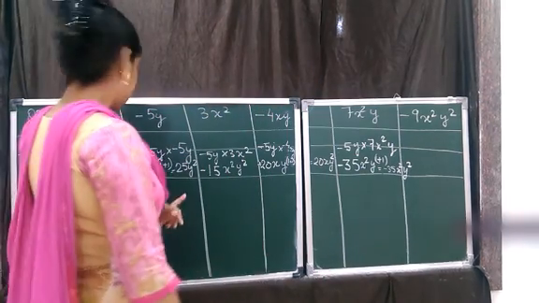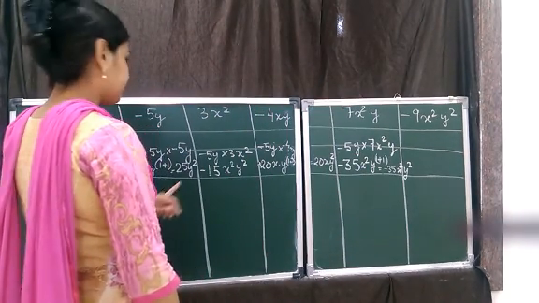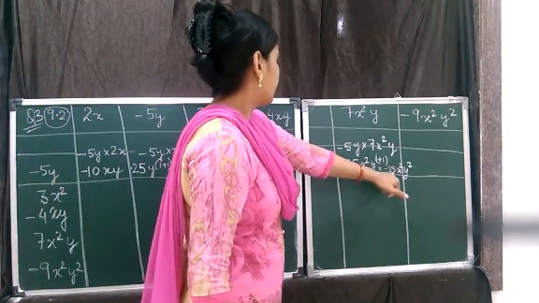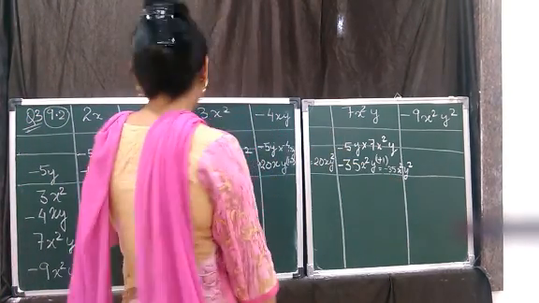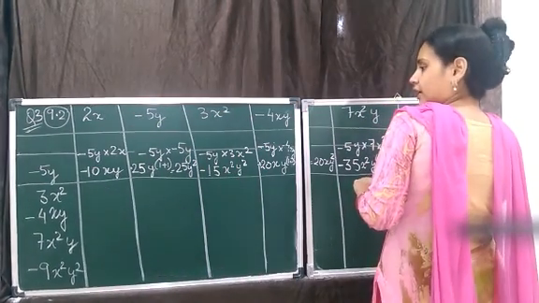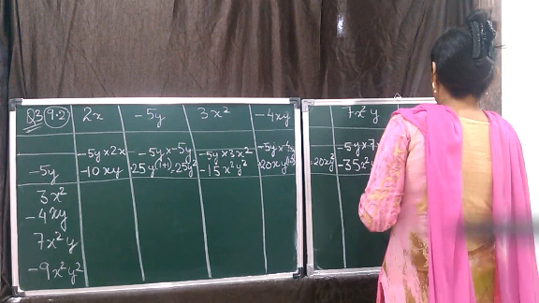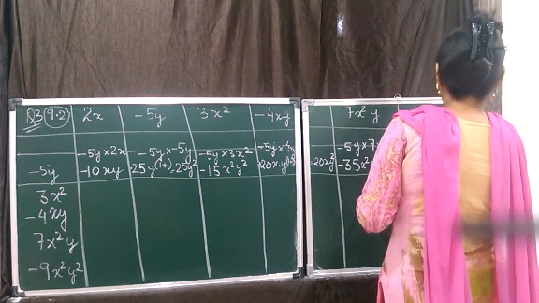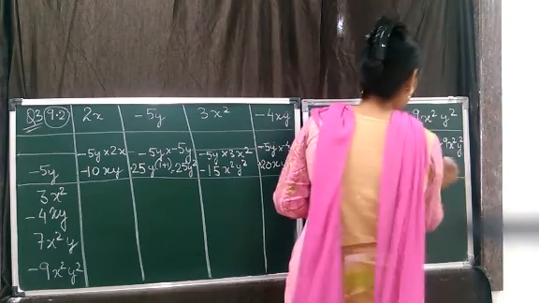So this completes the second last column for the second one. Then we multiply minus 5y into minus 9x square y square.